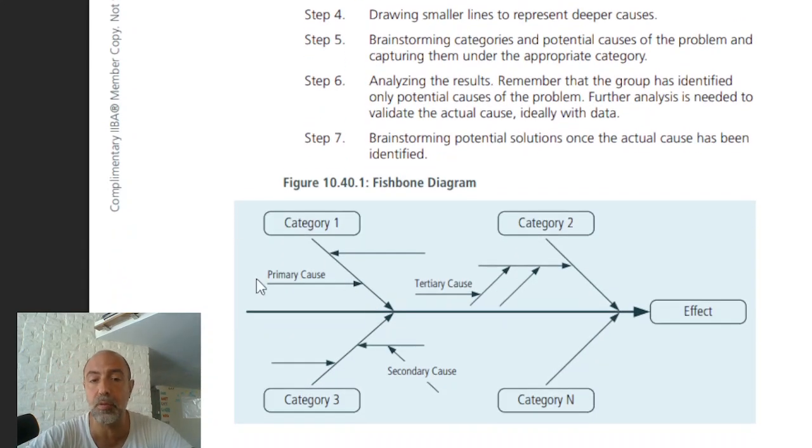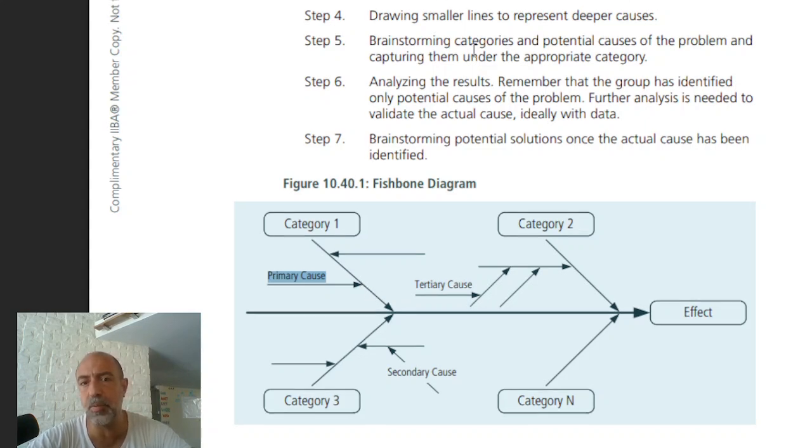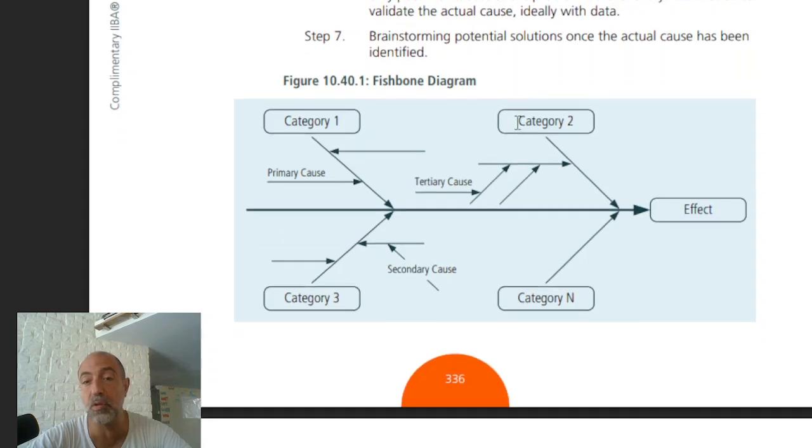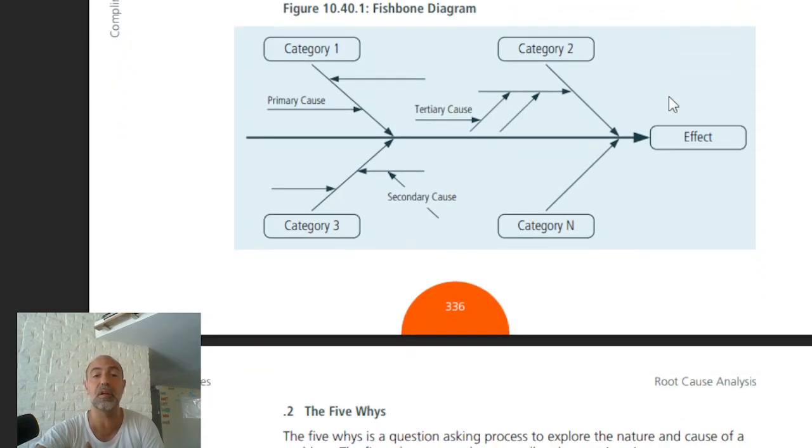Drawing smaller lines to represent deeper causes, brainstorming categories and potential causes for the problem and capturing them under the appropriate category. Analyzing the result, remember that the group has identified only potential causes of the problem. Further analysis is needed. Brainstorming potential solutions, until an actual cause has been identified.